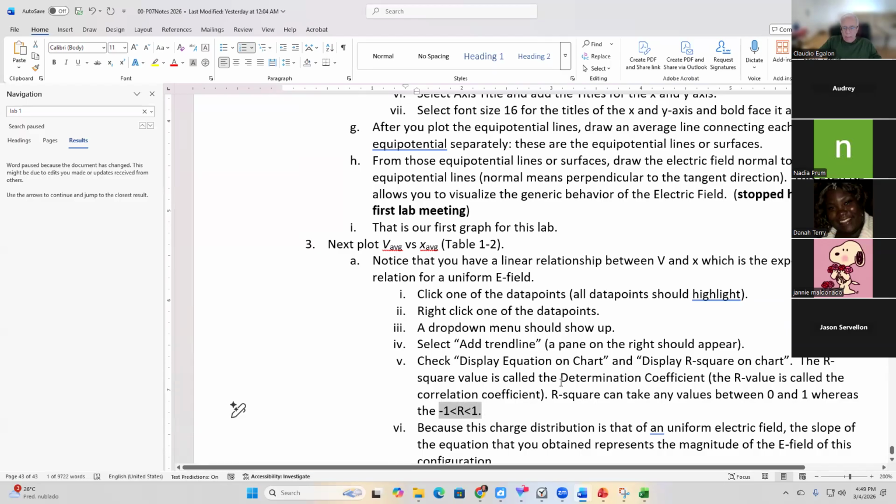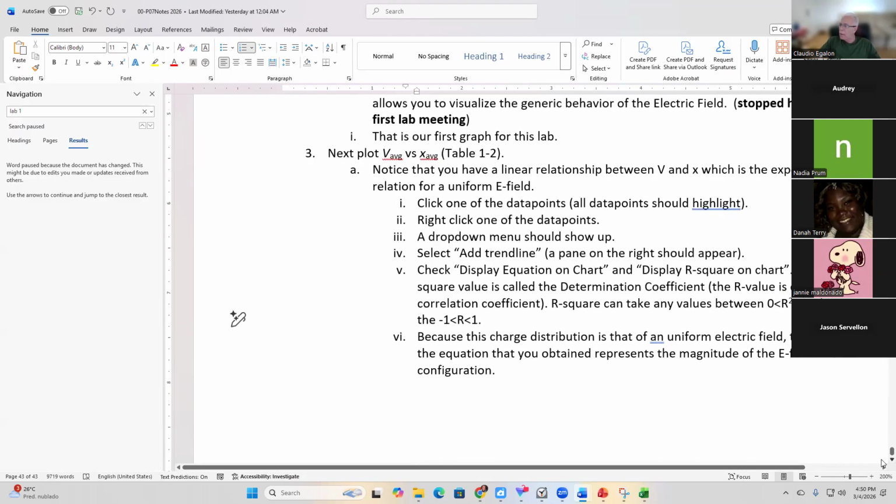I can put it in mathematical format, right? R squared takes any value between 0 and 1, greater or equal, less or equal, okay? Whereas the correlation coefficient is going to be between -1 and 1.